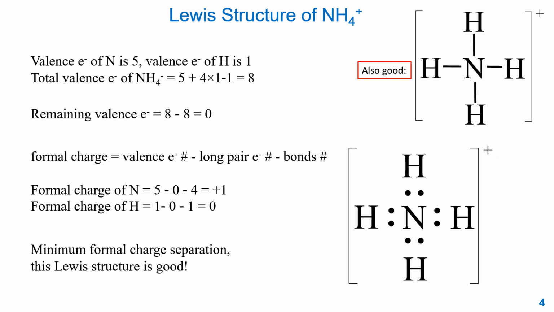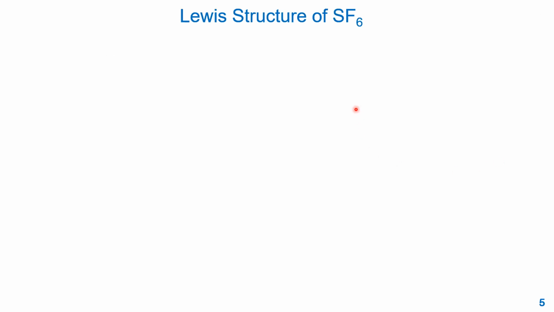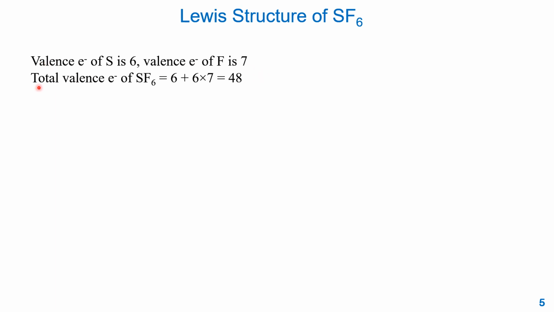Okay. Another example is sulfur hexafluoride. We calculate the total valence electrons number. Sulfur's valence electrons number is 6. Fluorine is 7, but you have 6 fluorine, so the total is 48. Now the central atom is sulfur. You have 6 surrounding fluorine, and draw a single bond between sulfur and the 6 fluorine.